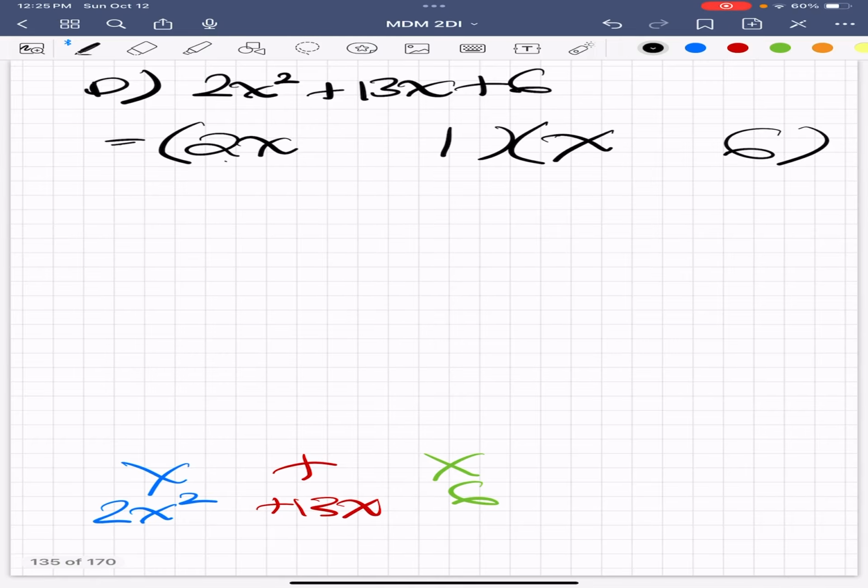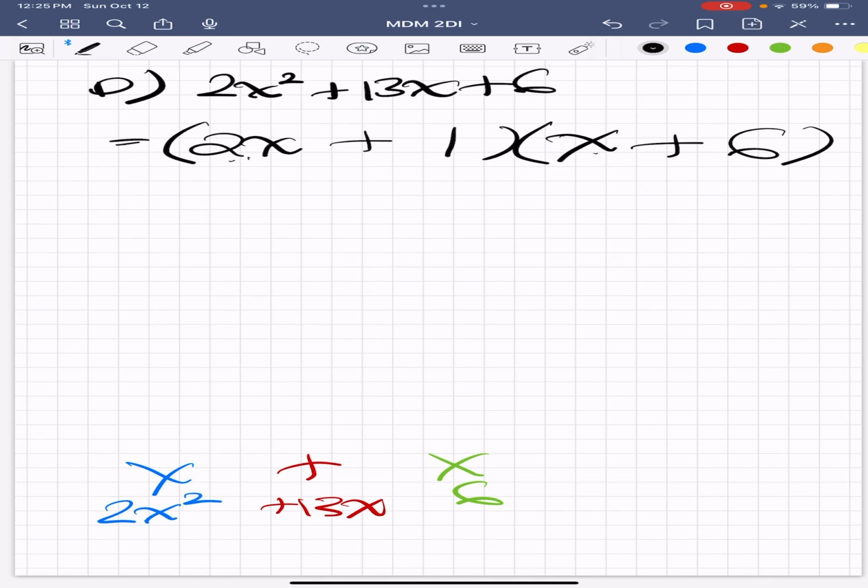So if you can see, 2x multiplied by x is 2x squared. 2x multiplied by 6 is 12x. 1 multiplied by x is another x, so it would be 13x, and then we have 1 multiplied by 6, which would be 6, and they're both addition, and then we're going to check by expanding.